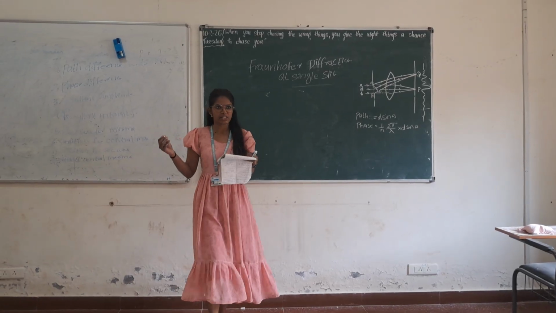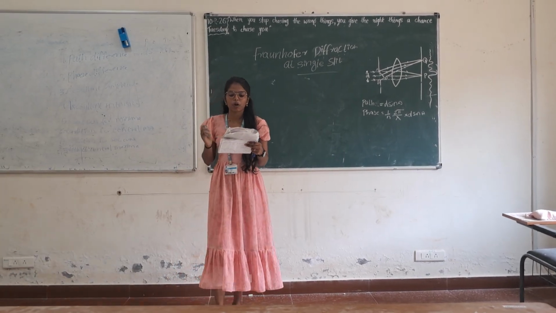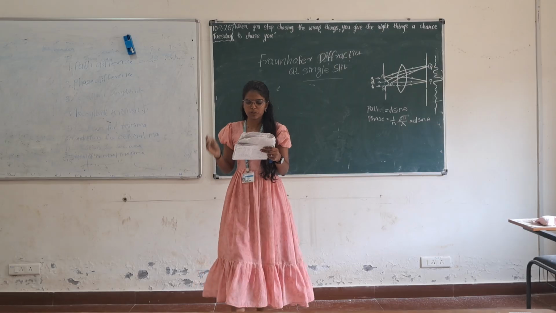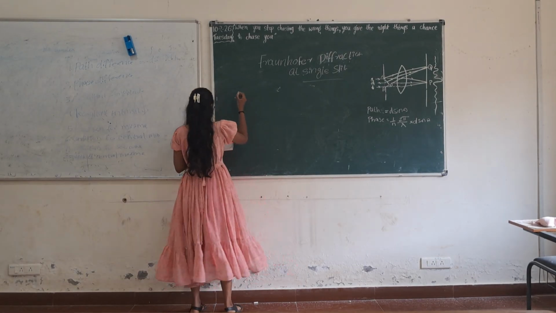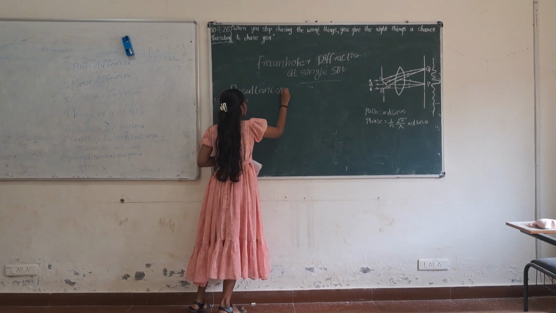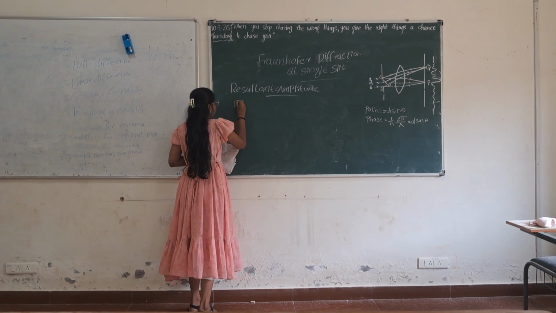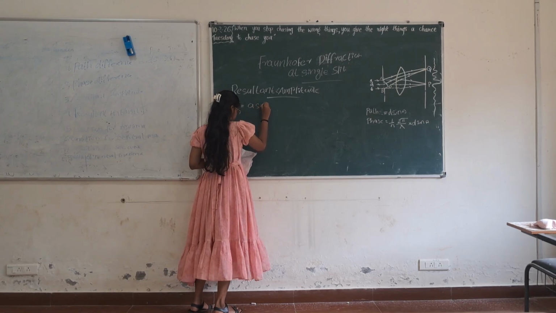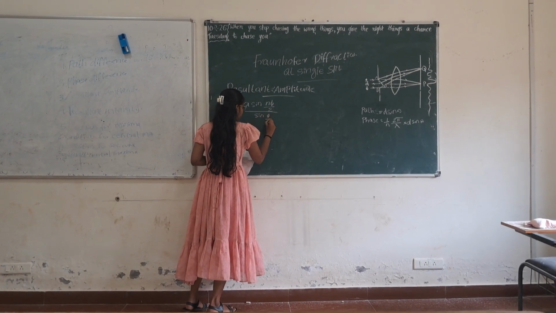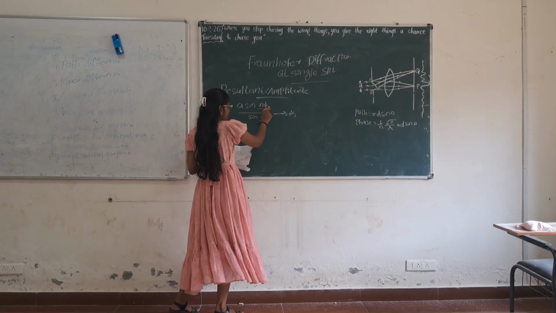Here is equation 1, where A is the amplitude and phi is the phase difference.